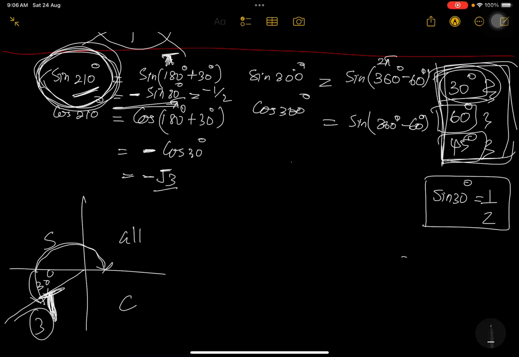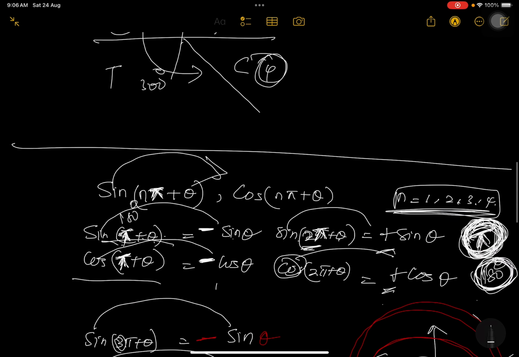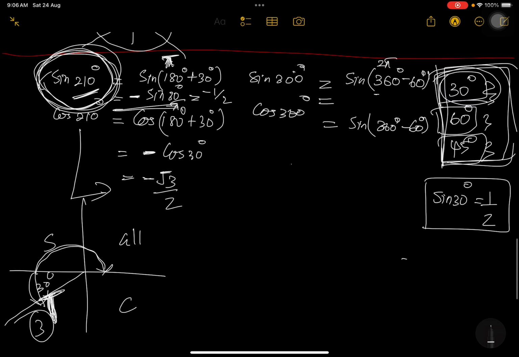So minus root 3 by 2. So cos 210 is going to be minus root 3 by 2. Same applies here. So actually this will come as n pi plus or minus theta. So anything like plus or minus, this applies.